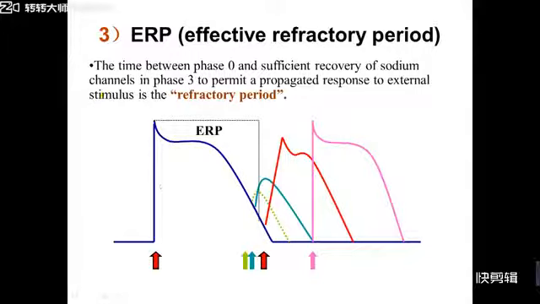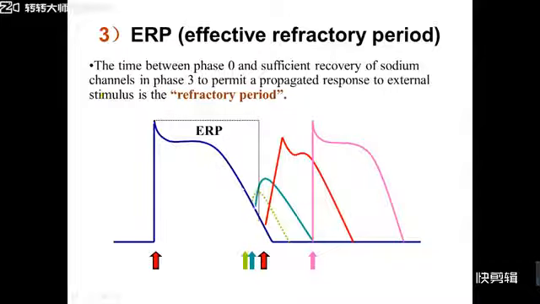This period, we call this ERP. Do you remember the major function of ERP? With a stimulus, cardiomyocytes in ERP have no response.